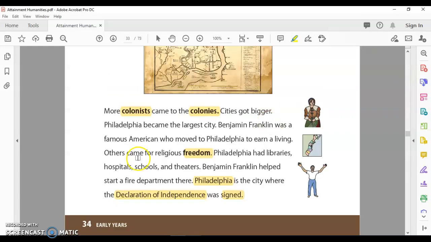Who moved to Philadelphia, remember? Benjamin Franklin was a famous American who moved to Philadelphia to earn a living. So who moved to Philadelphia? Benjamin Franklin.